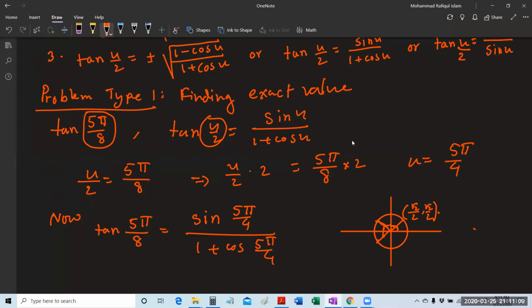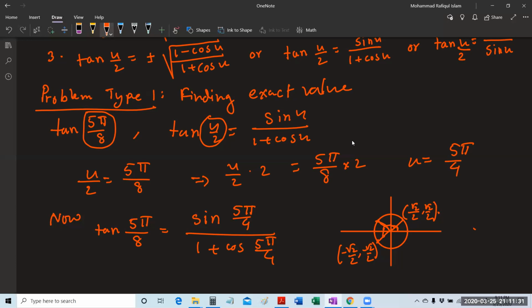And using the symmetric property, the coordinate here will be negative root 2 over 2, comma, negative root 2 over 2. In this ordered pair, the first element represents the value of the cosine function, and the second element represents the value of the sine function.